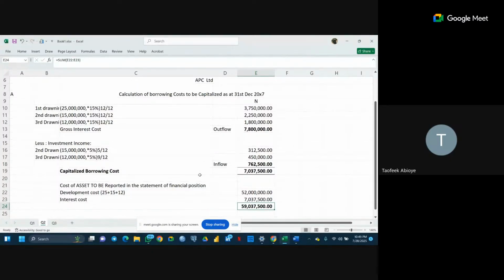If I approach you and say, okay, madam, please lend me 10,000 naira. I'm going to use your 10,000 for 1 year, and I will pay you an interest of 2,000, making 12,000. In my first month, I use 5,000 for a project.